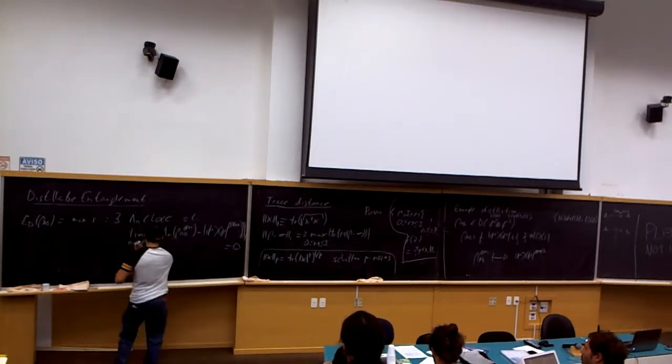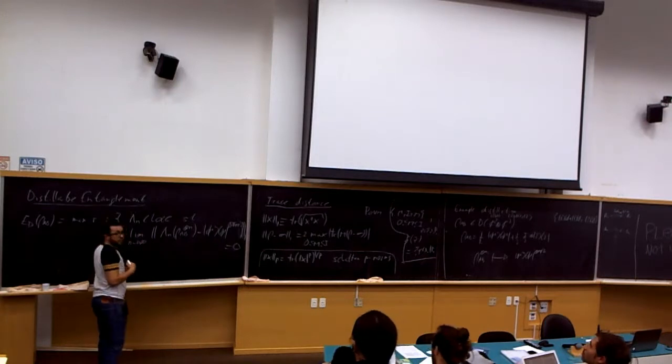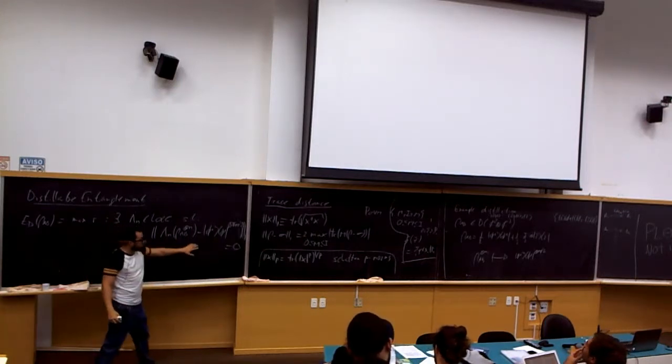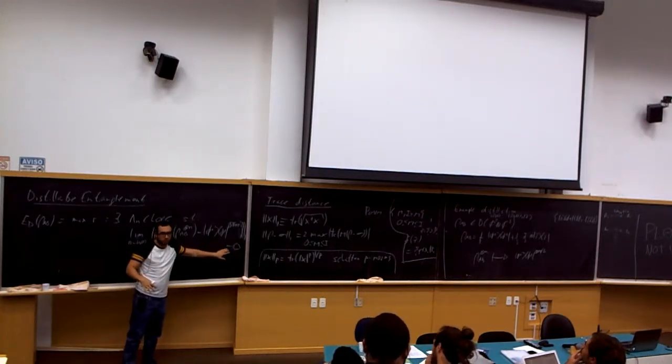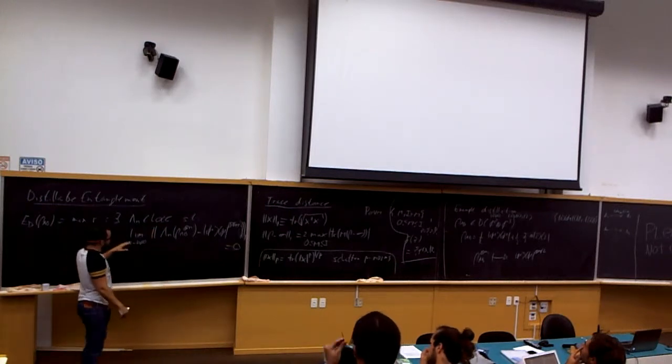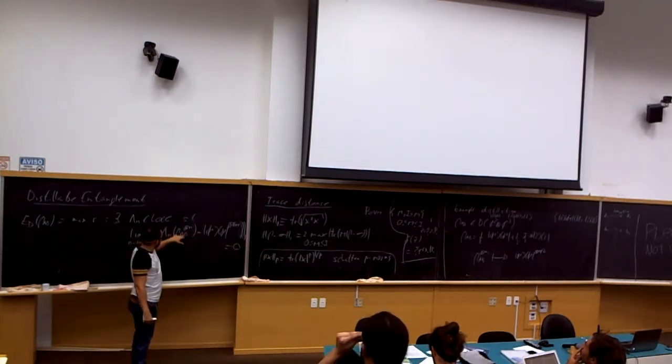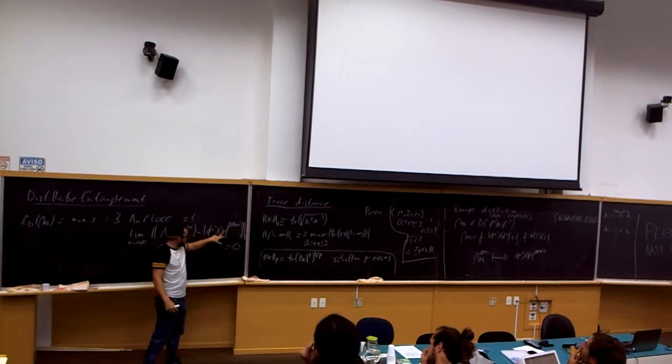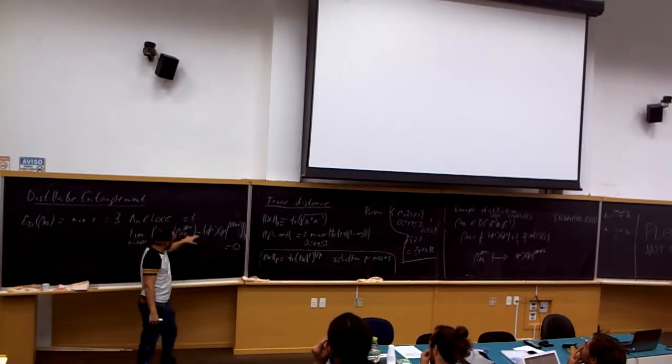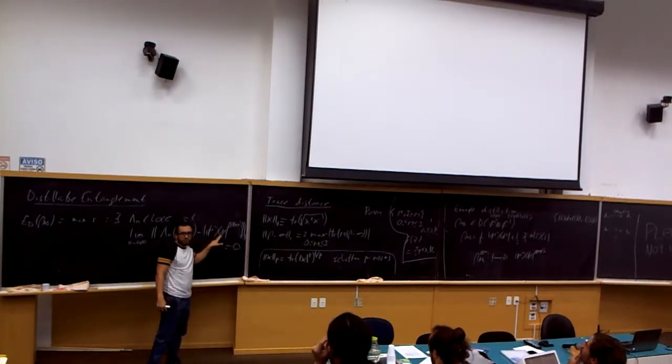And we want the error to get arbitrarily small, so in the limit this goes to 0, which means that we are distilling well. And of course, if you can do that, it means that per copy of rho, we can get R copies of the maximally entangled state in the end.